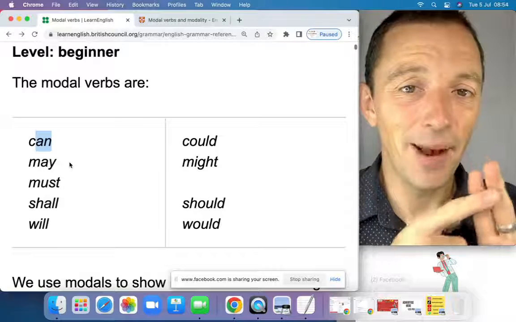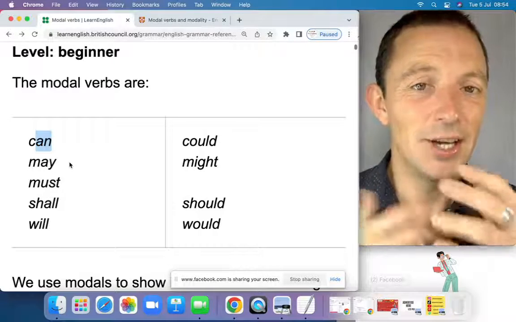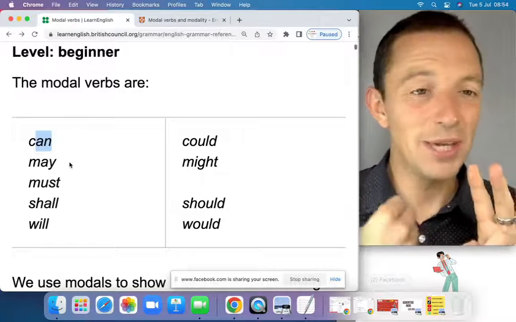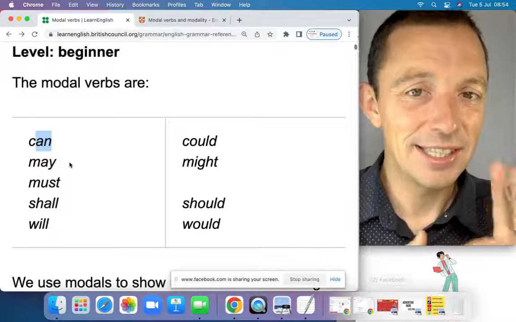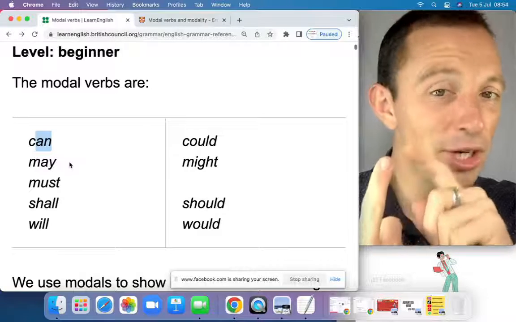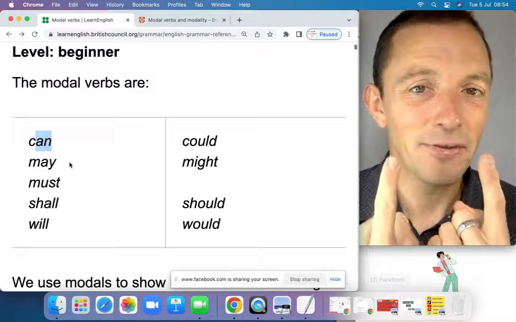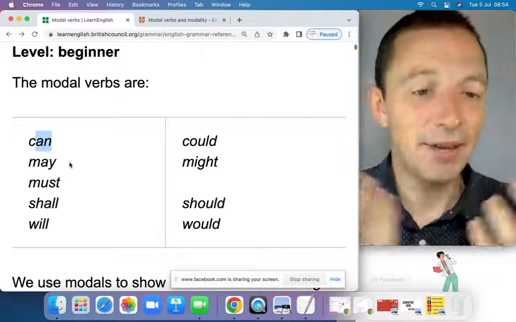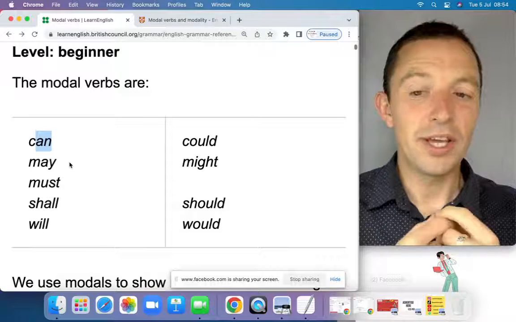You can play the piano. You have the ability to play the piano. Also, language: you have the ability to speak Italian. You can speak Italian. So, can is very important for permission and for ability, and they are the two typical areas when we use can.